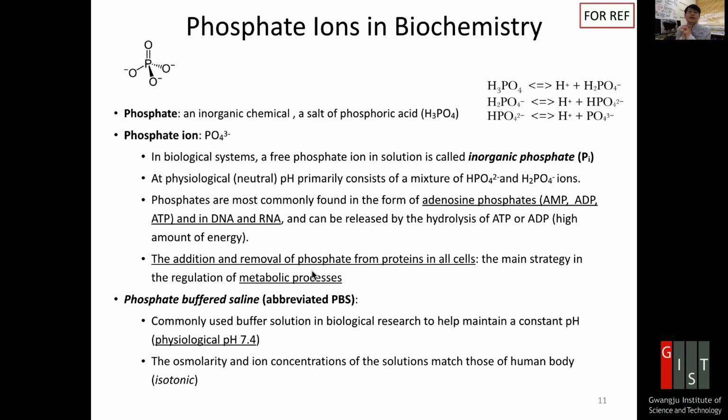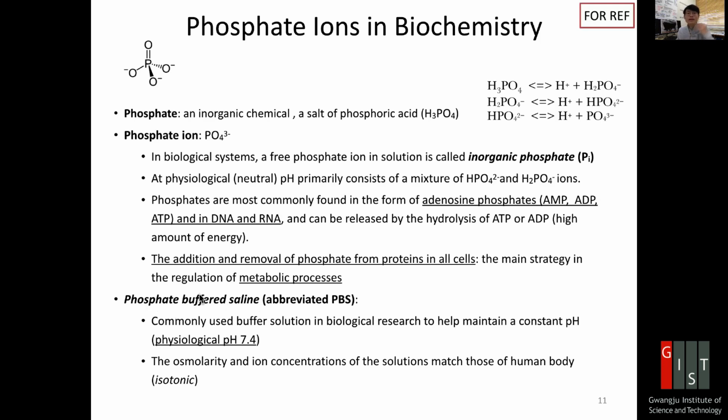Typically in the laboratory, when you are dealing with cells and tissue, for example when you take brain tissue out from a sample, you usually don't put it in water, because water has a different pH and concentration. So we typically use phosphate buffered saline.